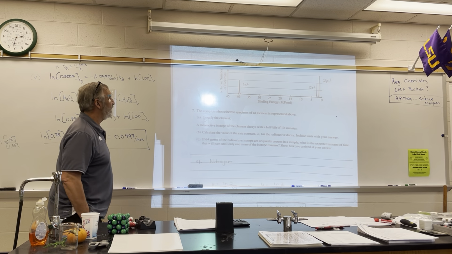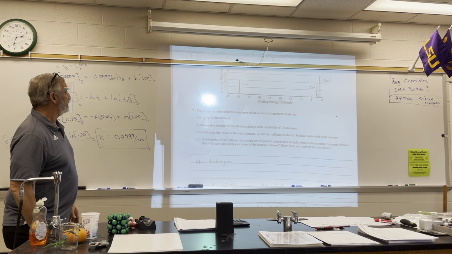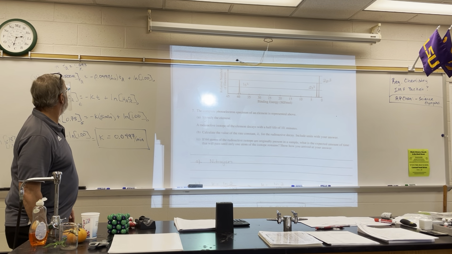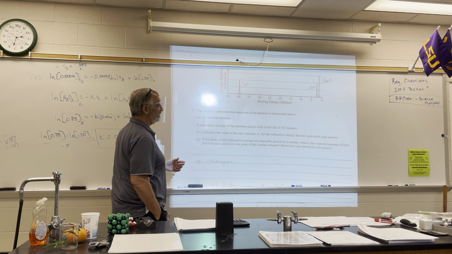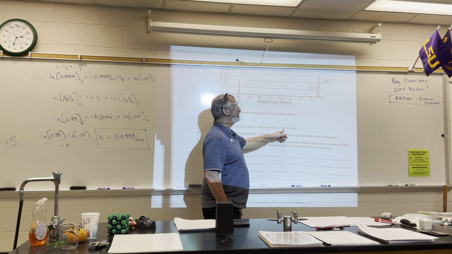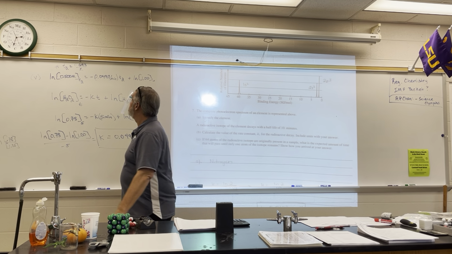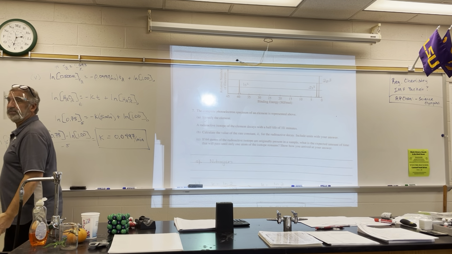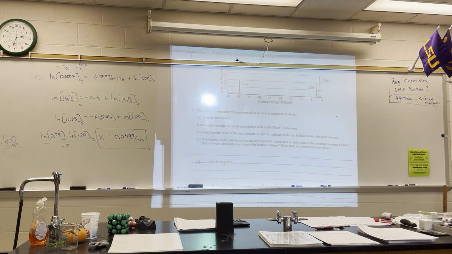I'm trying to think, you just had to plug it into that value, but this is what I'm missing. It tells me the half-life. So K is going to equal 0.693 divided by 10, 0.0693. I just didn't read the top part of that. But they give you the half-life right here.